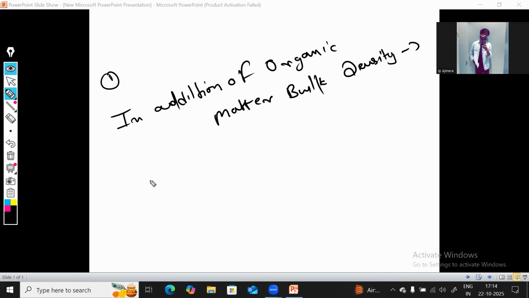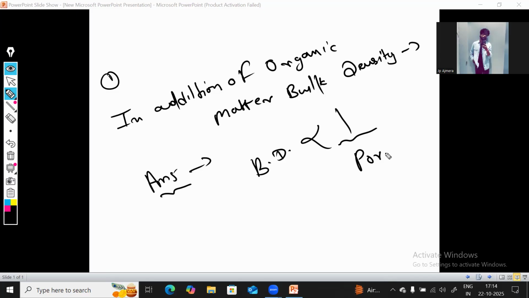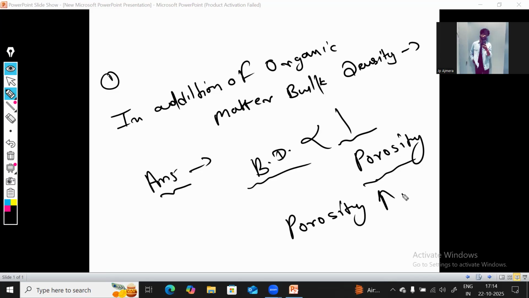That question is particularly asked for that. So we know the relationship. BD is just 1 upon porosity, inversely proportional to porosity. If the porosity increases, then BD decreases.